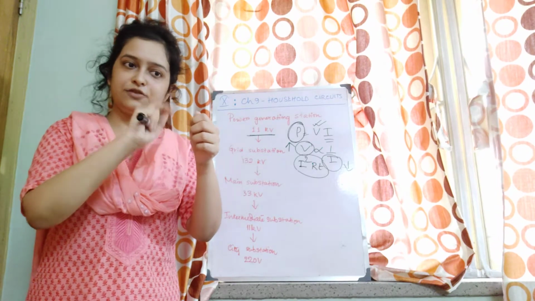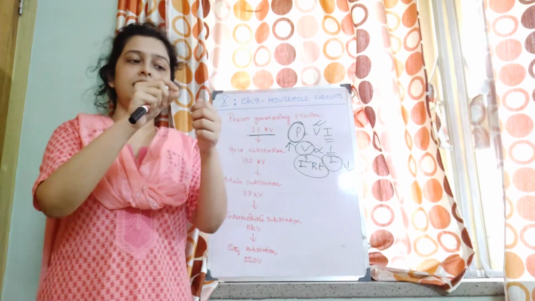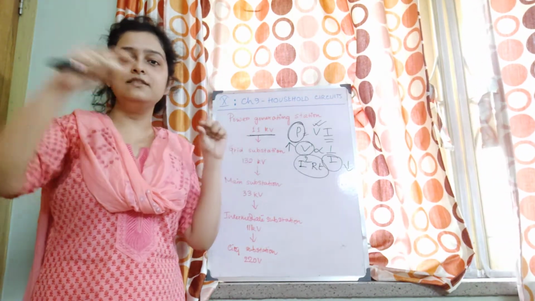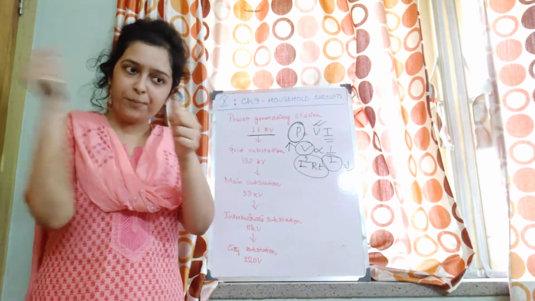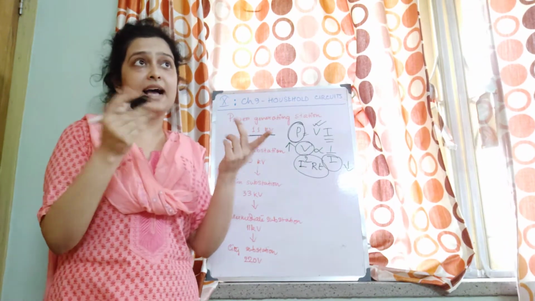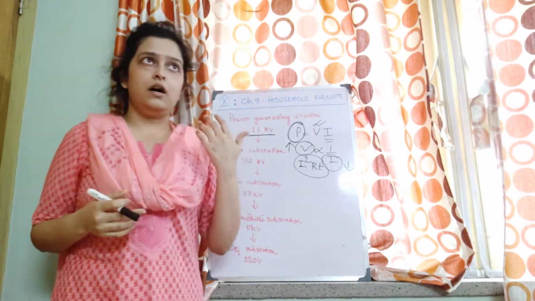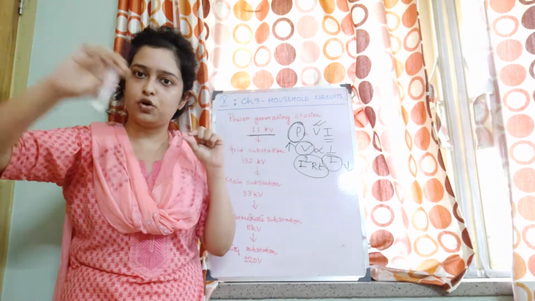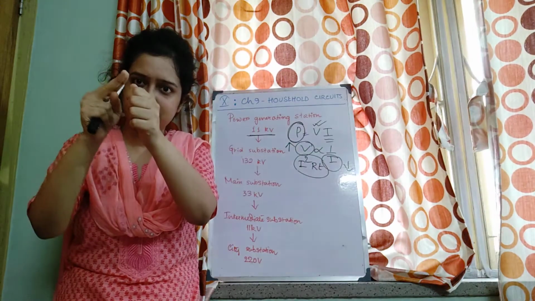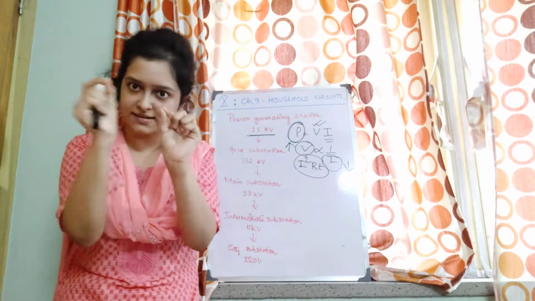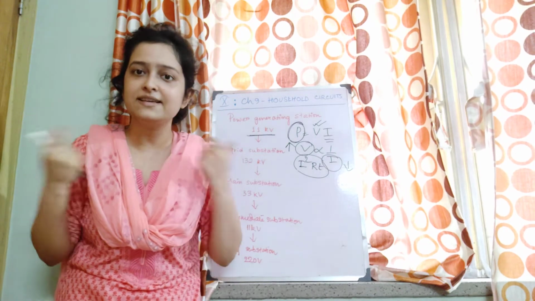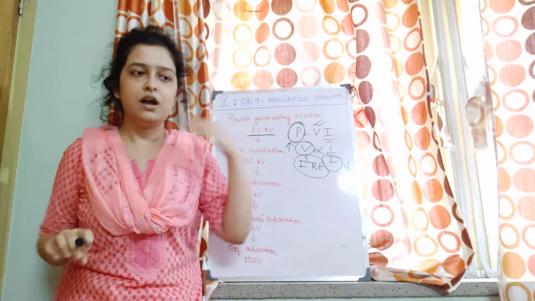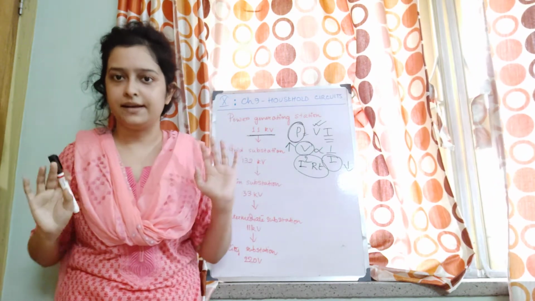The wires are actually covered with an insulating layer, so we have to open that layer. Sometimes a blue or red insulated coating is given over the wire. When you cut a small portion of it, you will notice the copper wire coming out. Then we make the connections. Why is it done? To protect the conducting wires from damage or wear and tear by rough handling.